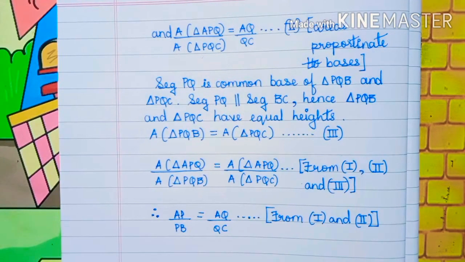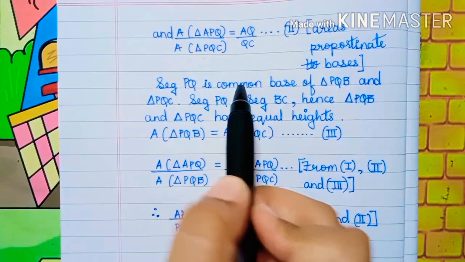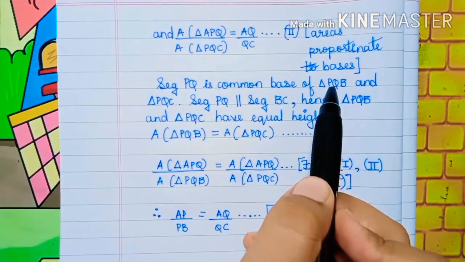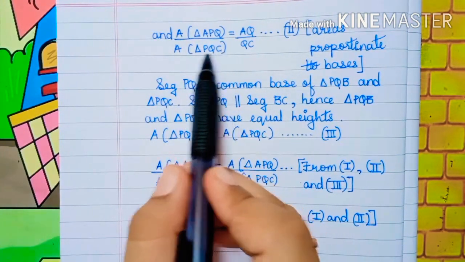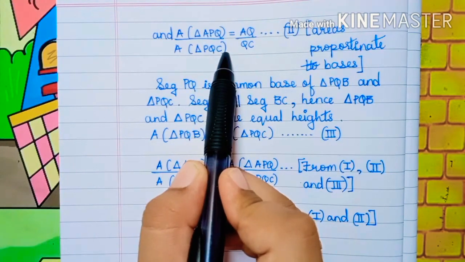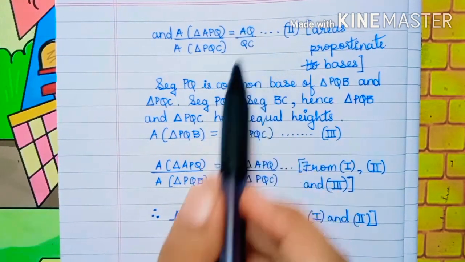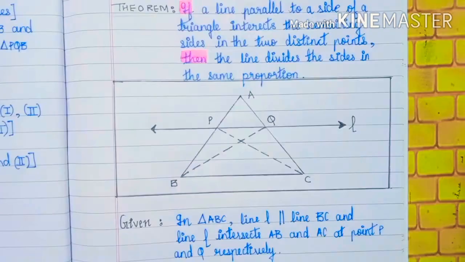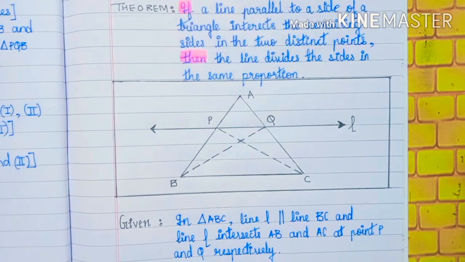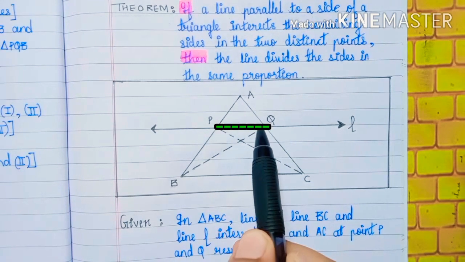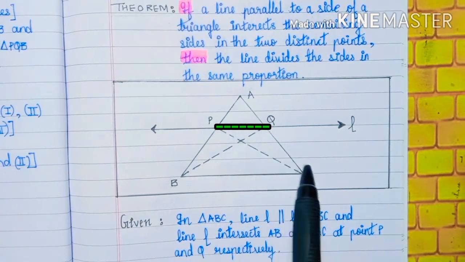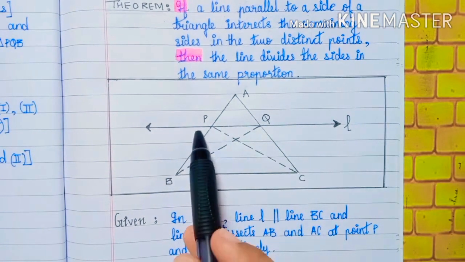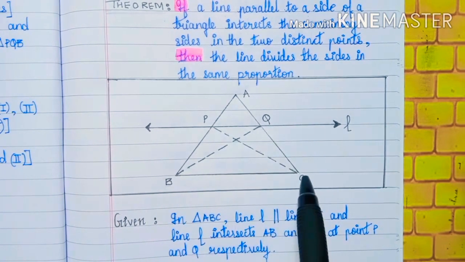Now let's move further. Segment PQ is the common base of triangle PQB and triangle PQC, as we see in the diagram, and segment PQ is parallel to side BC.